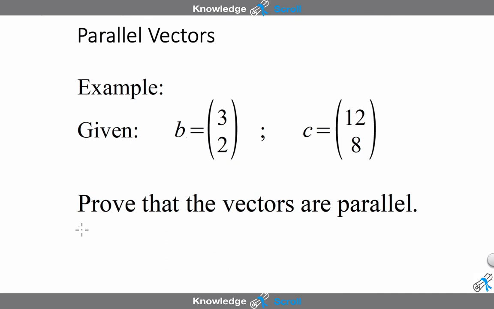And we do this by writing a simple statement that says if B equals (3, 2) and C is equal to 4 times B, which is equal to (12, 8), then it stands to reason that B is parallel to C. And that's how you would answer a question like that.